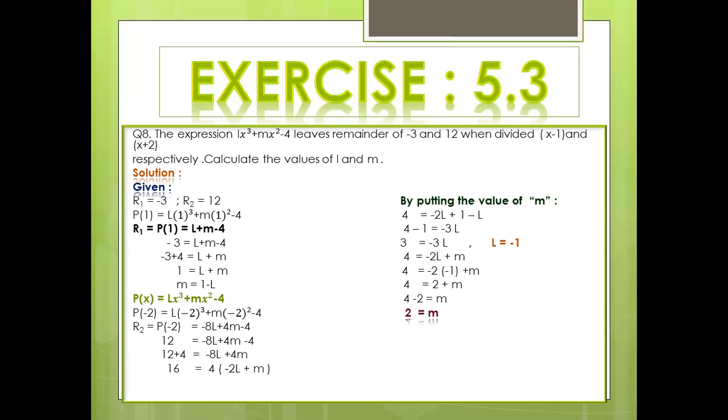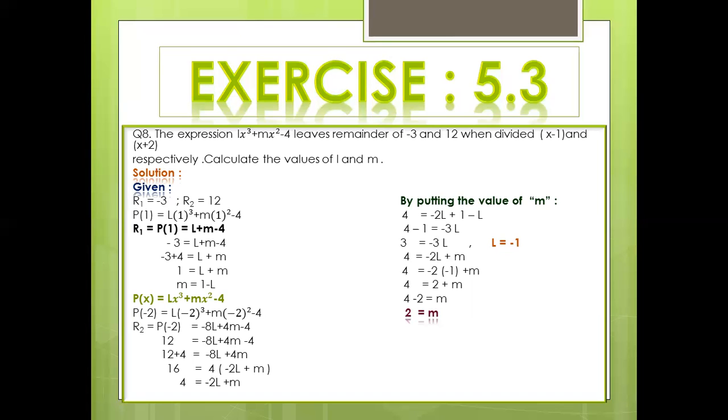Now the turn of the second factor comes. The polynomial is the same because only one polynomial is given in the question: Lx cube plus mx square minus 4. Replace each x with minus 2. L into minus 2 whole cube plus m into minus 2 square minus 4.